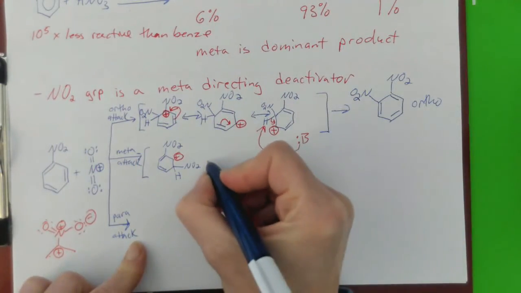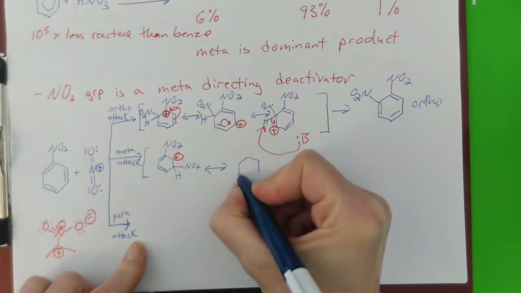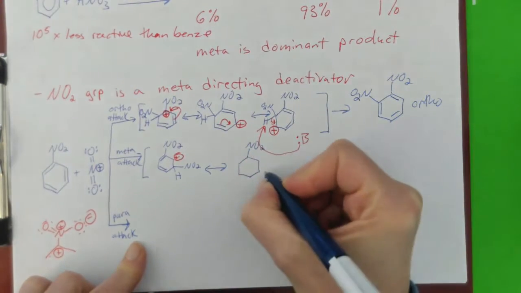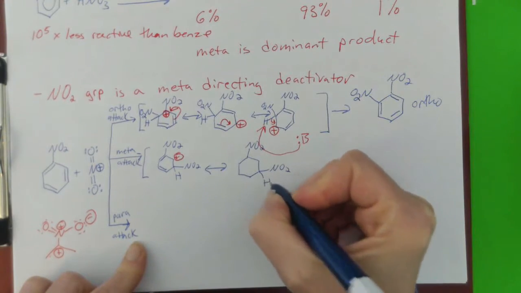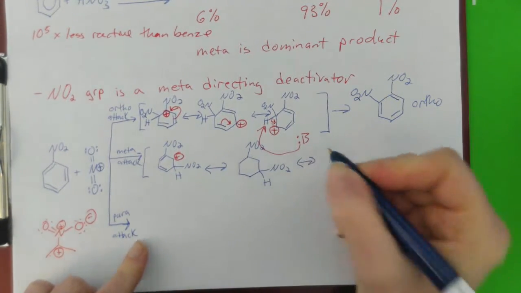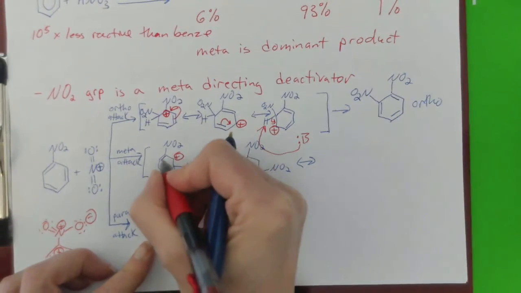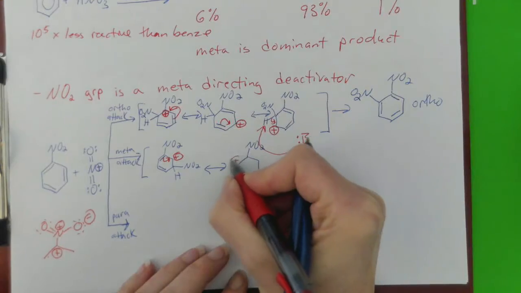Let's see if I can squeeze this in. I'm going to start off just filling in the atoms. NO2, NO2, H. Just set that up there. Okay, so I'm going to move this over here. And then I'm going to have my plus charge here.